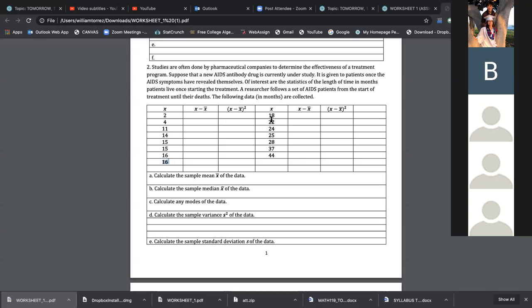Now, the reason that we might look at both of these statistics at the same time is the possibility of outliers. An outlier is an observation in your data set which may be much larger than the mean, okay, or much smaller. Suppose we had a value in this list that was grossly bigger than these values here, something like 102 months.